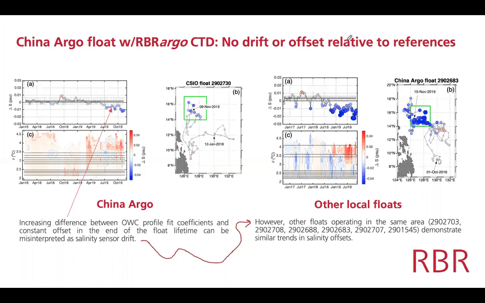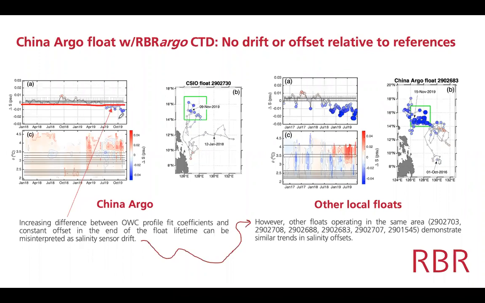So in the case of Argo, where we park very deeply, 1,000 meters, we don't have any measurable biofouling at all. And this is a salinity anomaly plot showing the measurement versus different Argo reference databases.